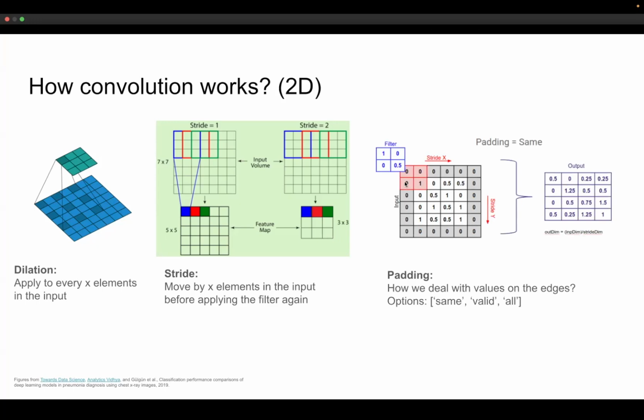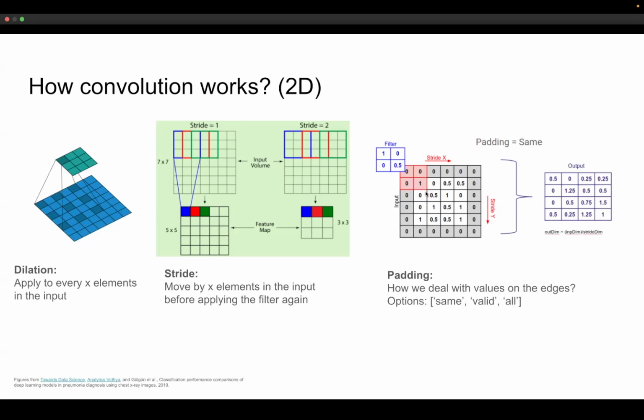And the last part is how we want to apply the padding. So same will correspond to the idea that after you apply the filter, your output should have the same shape as your input. And all means that even if we only have one element in the input channel, we still want to apply this filter. So we pad a bunch of zeros around it.